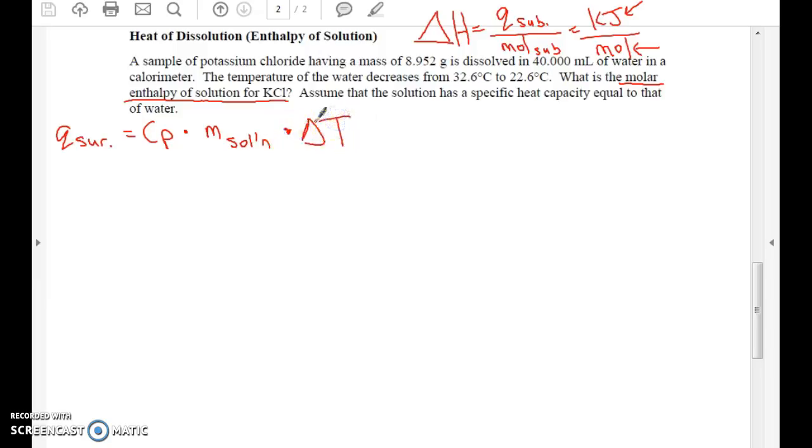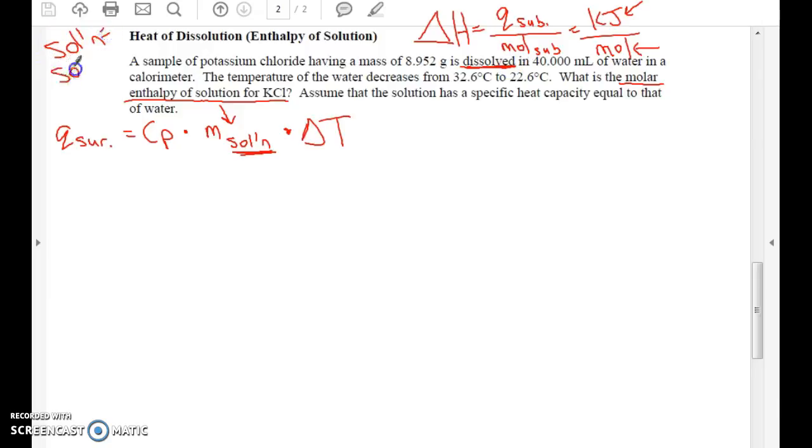One of the things that people forget to do with this is that when we're taking the mass, it's of the solution, because the difference between this and a specific heat capacity problem is this solid, when we put it in, it dissolves. So when you see the word dissolve, that's telling you you are forming a solution. And a solution has two parts.